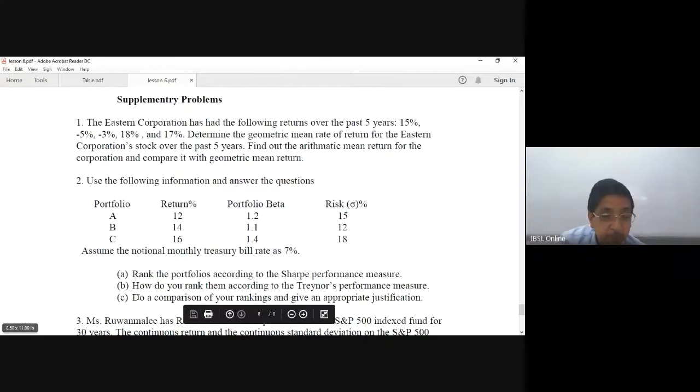Now, part C is do a comparison of your rankings and give an appropriate justification. But anyway, we are not going to try that part, but up to part B you can try.